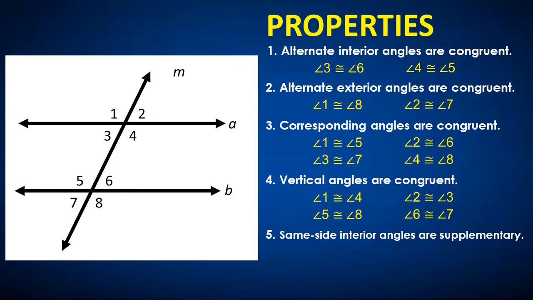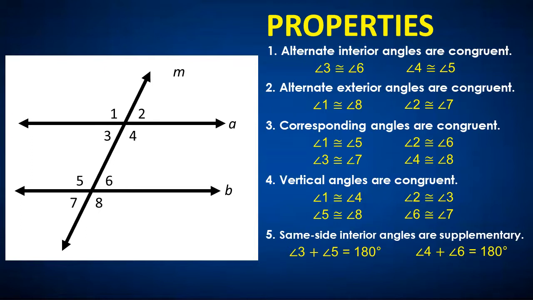So again, same side interior angles are supplementary. Meaning, if you add same side interior angles, they must equal 180. So, what are our same side interior angles here? Isn't it 3 and 5? So, angle 3 plus angle 5 is equal to 180. Aside from 3 and 5, we also have angle 4 plus angle 6 equal to 180.